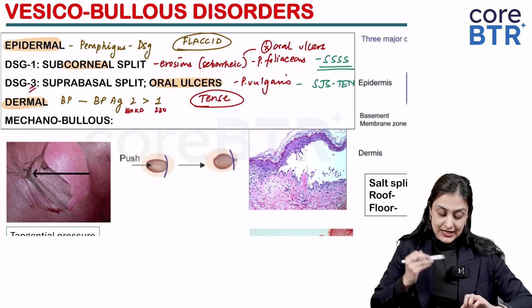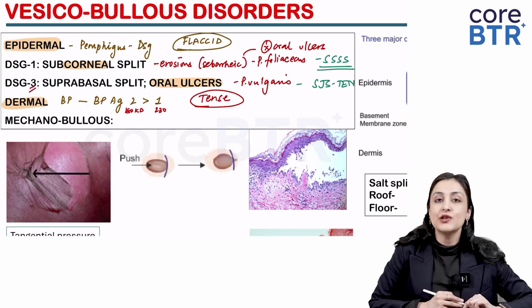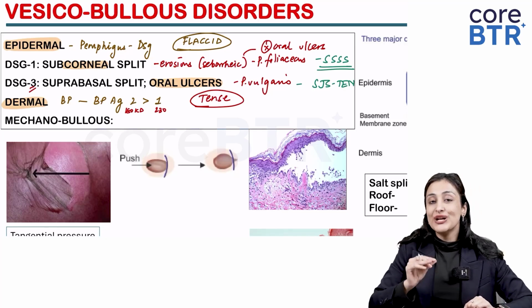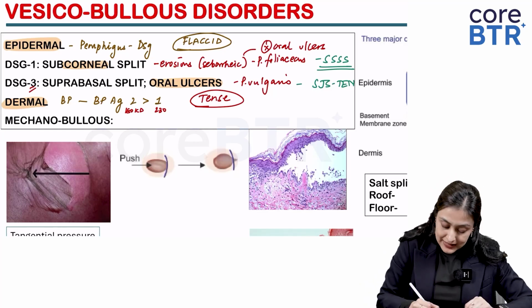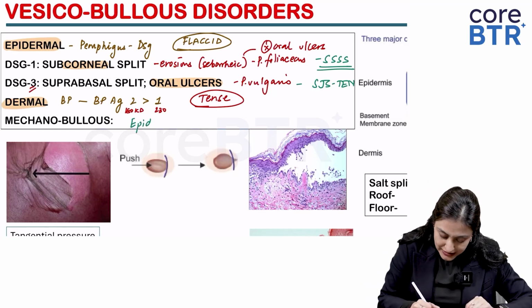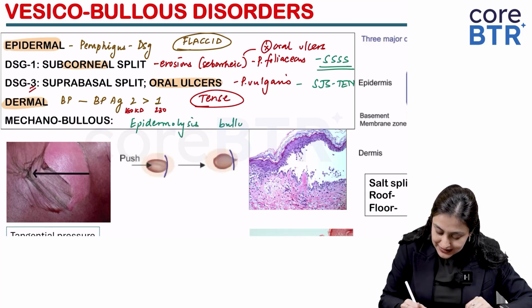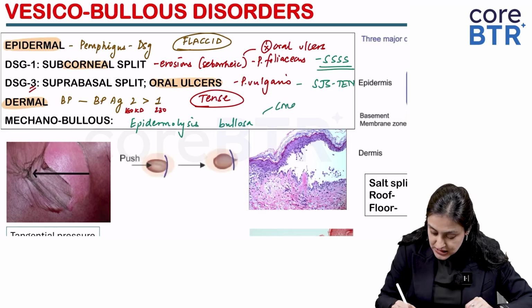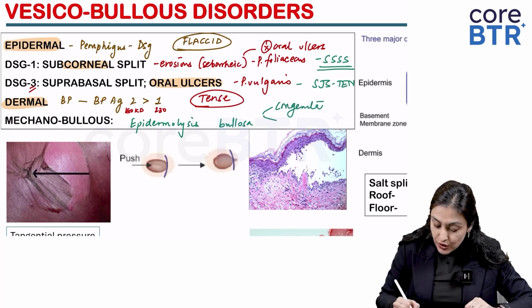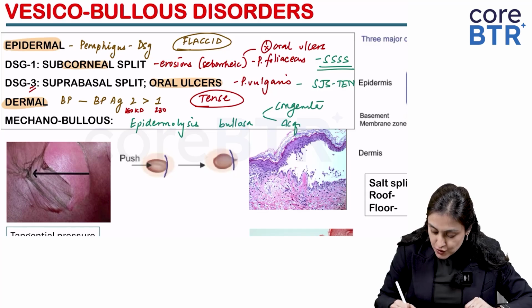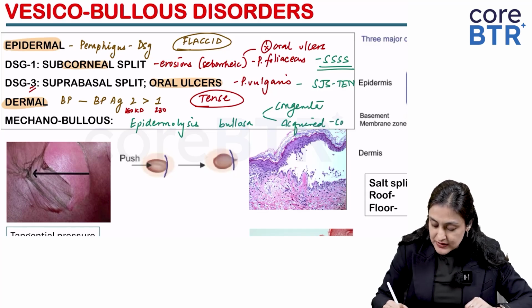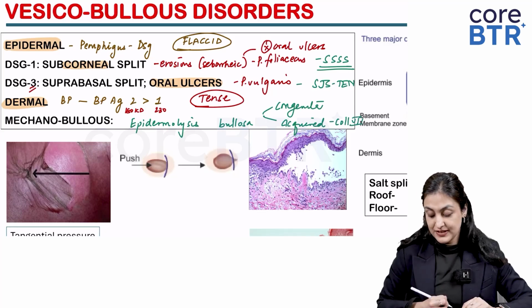Bullous pemphigoid. You may have a history of mechanobullous lesions, meaning bullae formation with trauma. That is epidermolysis bullosa. So epidermolysis bullosa can be either congenita, or it could be acquired. So obviously acquired is more common. This is where collagen 7 is defective.